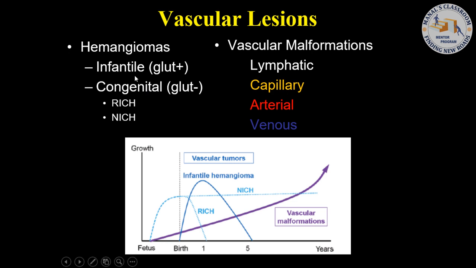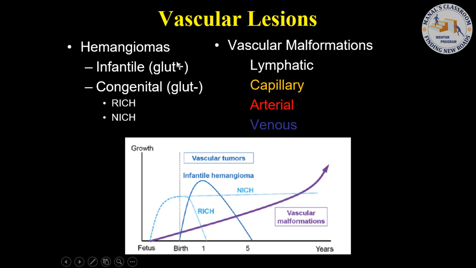Now, when we look at hemangiomas, years ago when I first started and put this talk together, our understanding was that there was only one type of hemangioma. But what's happened in the last classification of the systems is that they've identified different types of hemangiomas. If you have a hemangioma, they can do a metabolic analysis where they look for glutamine.